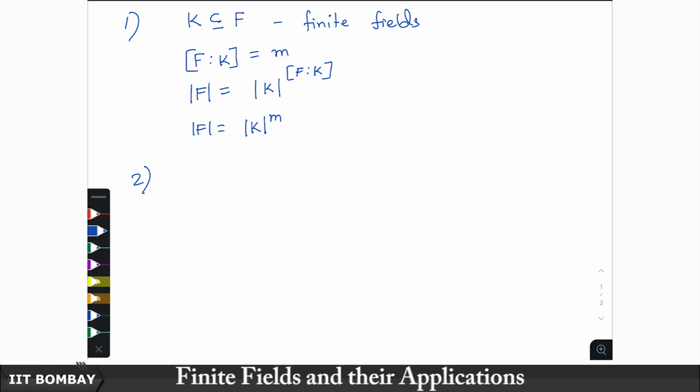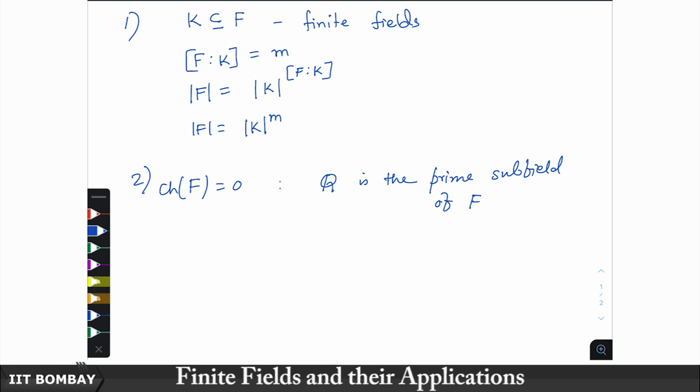And we also know that if, let us say, f is a field whose characteristic is 0, then the field of rational numbers, which we denote by Q, is the prime subfield of f.